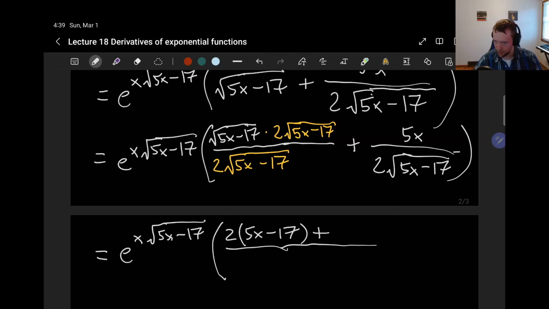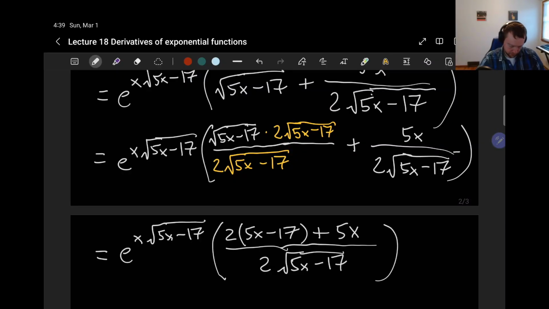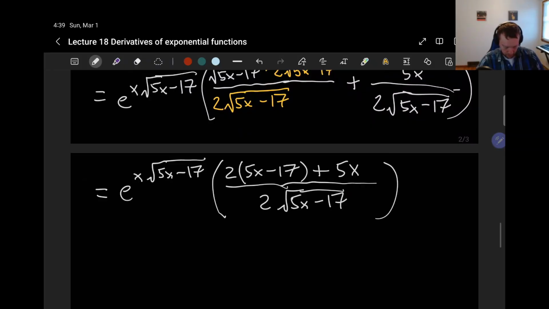And I'm bringing this all together now since we have the same denominator. So plus 5x, all over that common denominator. And then we're almost done with this.